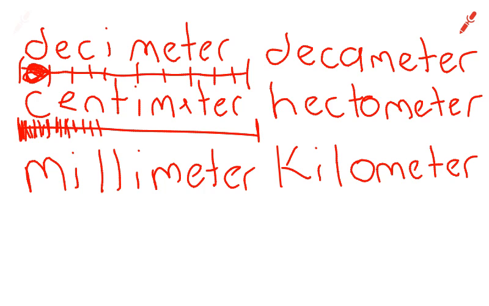Millimeter is going one step smaller. 10 decimeters is a meter. 100 centimeters is a meter. Millimeter is even going a little bit crazier. And 1,000 millimeters would equal 1 meter. So that's very tiny.